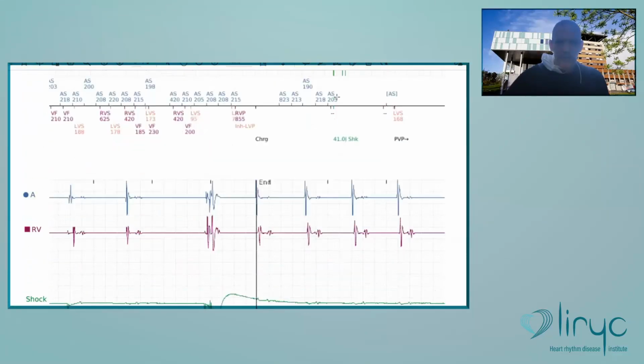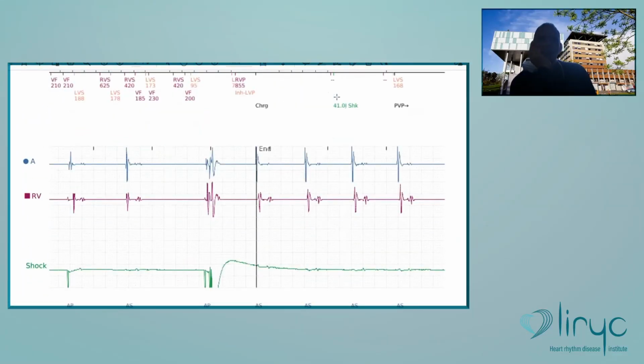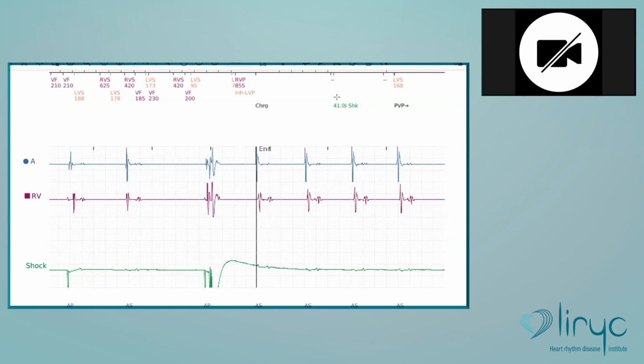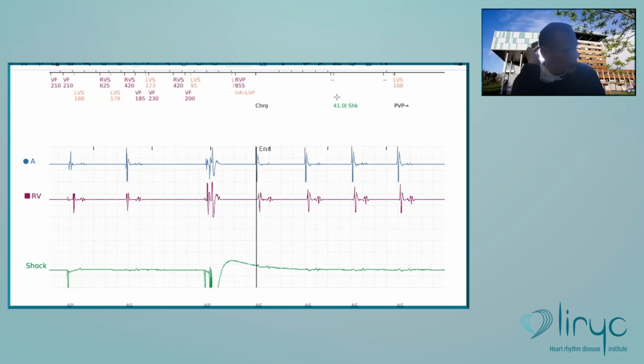You understand? So that was the case of early dislodgement the day after the implantation. The context, of course, is important also.